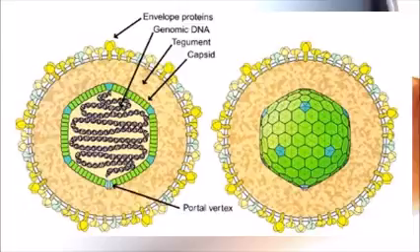Since the Epstein-Barr virus is a virus, its structure is very simple. Components of the Epstein-Barr virus: the virus has a four-layer structure, which contains a core where the double-stranded DNA is stored. There is an icosahedral-shaped capsid.